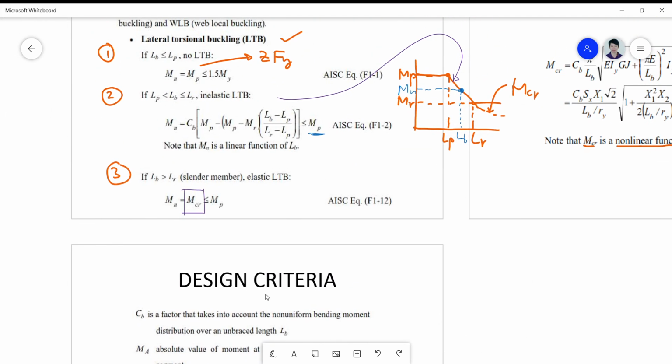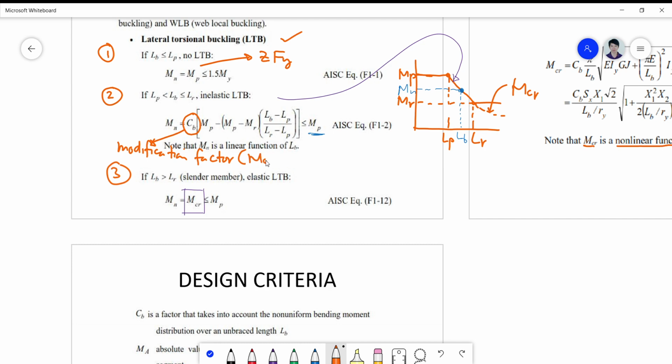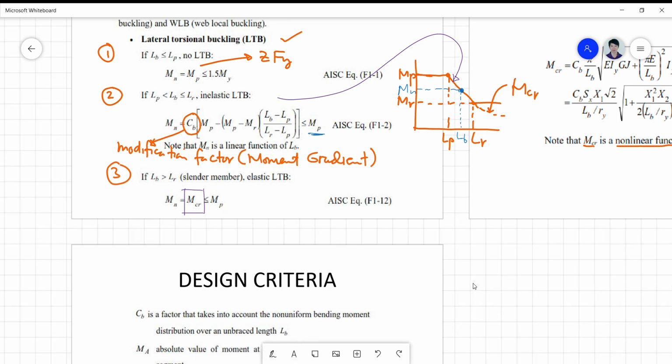So I'd like to look into the value of CB here. There's an additional parameter here known as the moment modification factor, which is something to do with the moment gradient. Okay, so we need to find what moment gradient is all about in another lecture video.